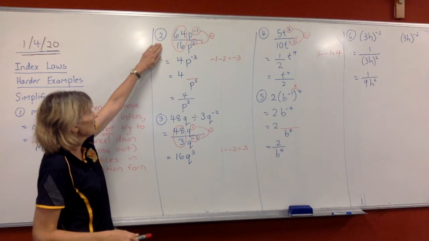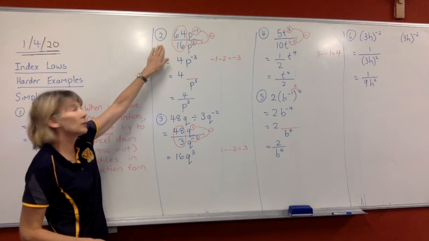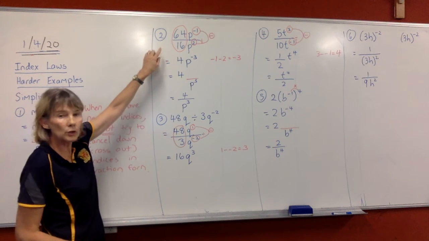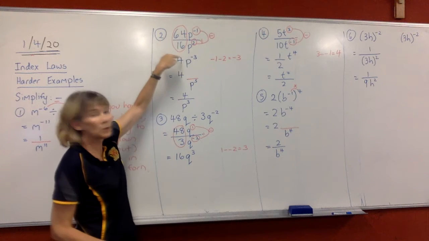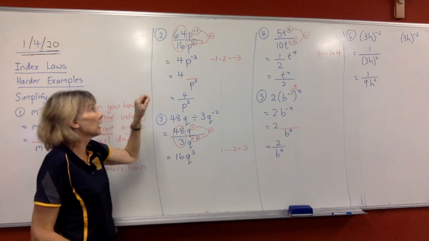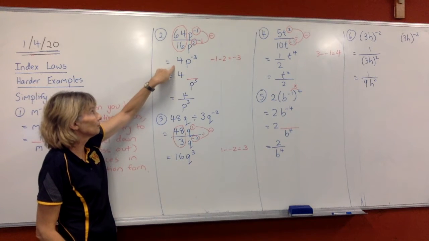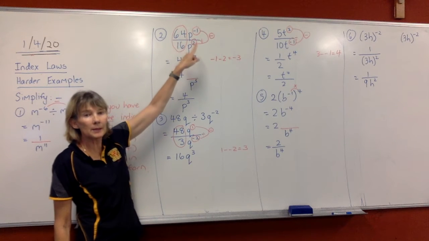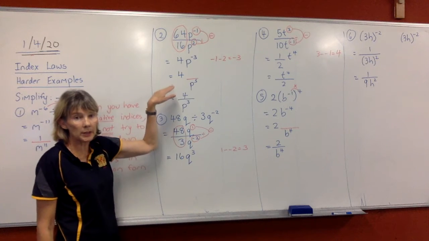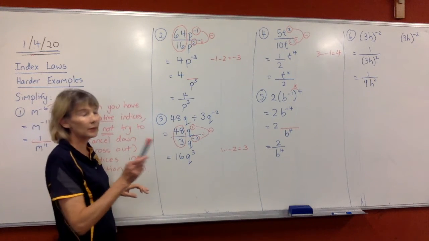So on this one here, that's the question they've given you. We're going to do this bit the way we always do it. Put 64 over 16 in your fraction key on your calculator, and it will give you 4. Now over here with the indices, I said we can't do any crossing out, so we're just going to look carefully at this.